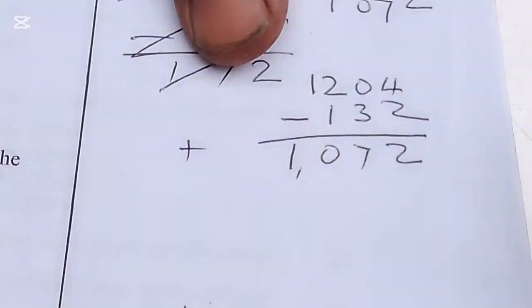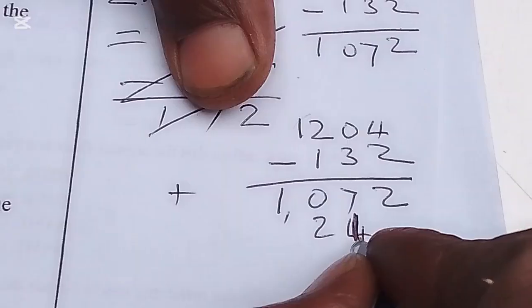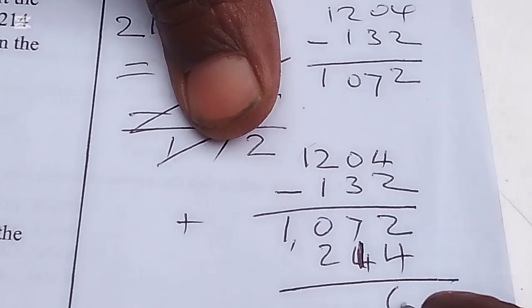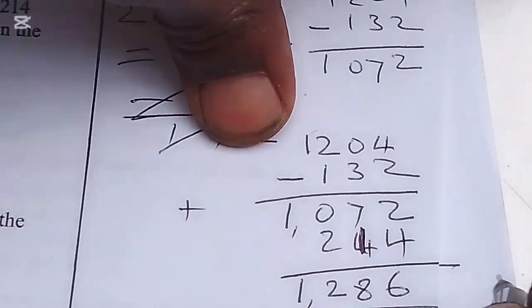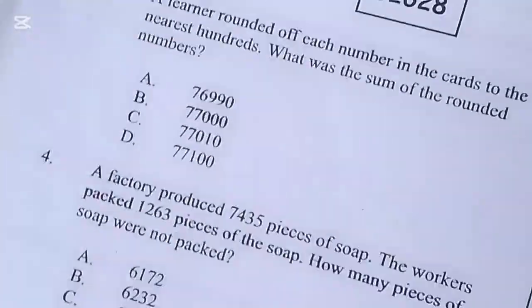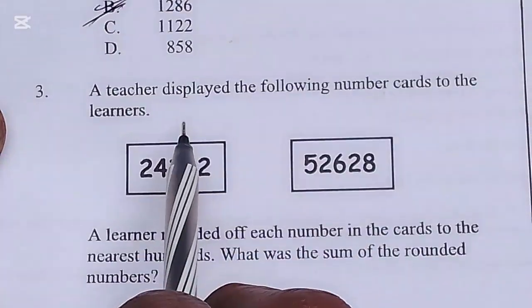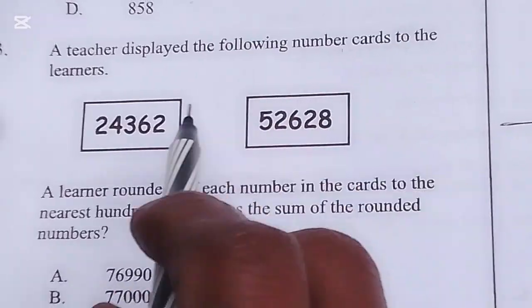Then you add the 214, and you get 1,286.